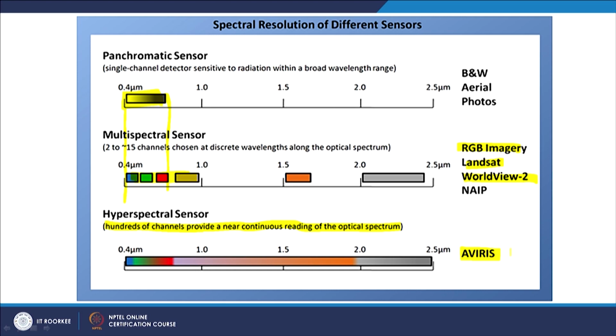Initially it was on airborne platforms, later also on satellites. It has continuous bands, one band ends, another starts, and it has nanometer width compared to micrometer in the case of multispectral or panchromatic. So, the number of channels is more in that case.